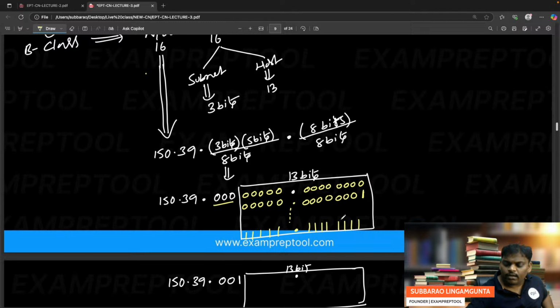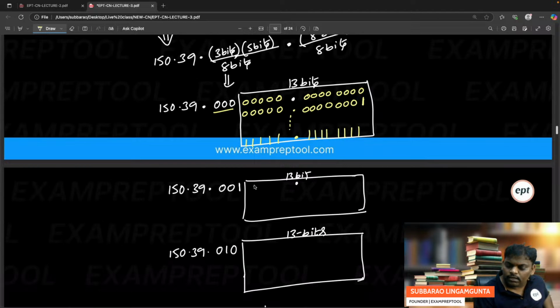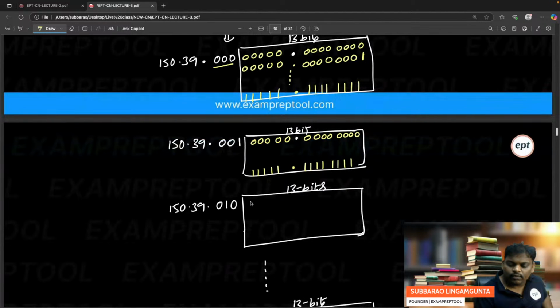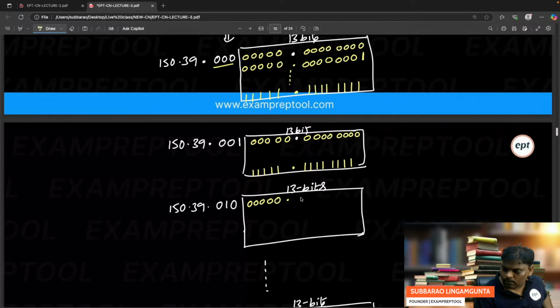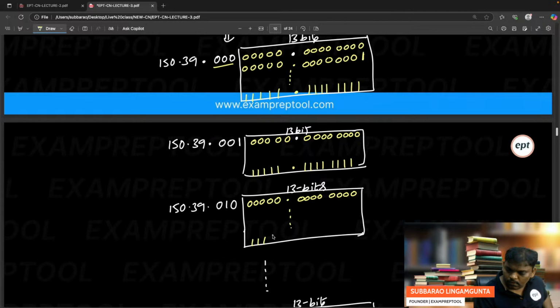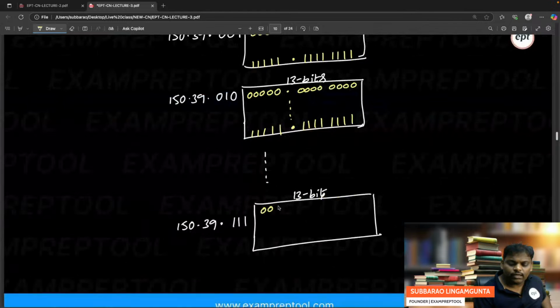In the similar way here also, 13 zeros to 13 ones. So like that, lastly 13 zeros to 13 ones.